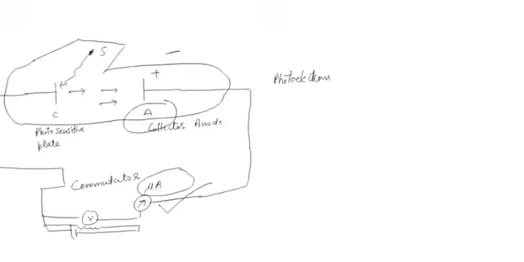Now, as per Einstein's photoelectric equation, this energy E, which is equal to h multiplied by the frequency, is divided into the work function of the metal plus the kinetic energy of the electrons. This work function is equal to h multiplied by the threshold frequency.